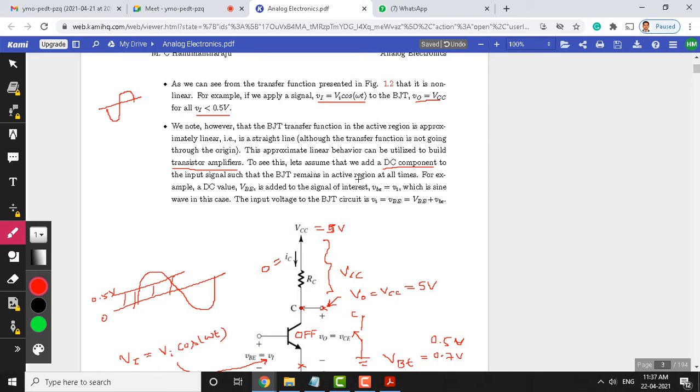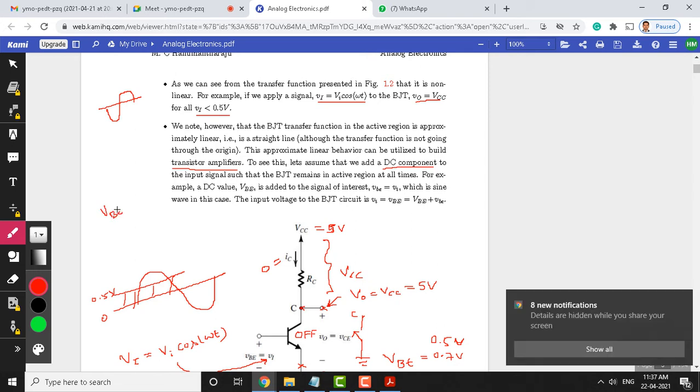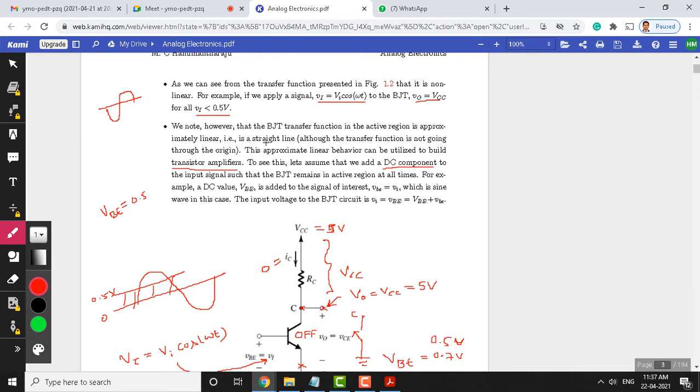So VB is added to the input AC signal, equivalent to Vi, which is a sine wave in our case. This input signal gets added with the DC signal. VBE is a DC which is going to be around 0.5, let us say, and the AC signal is a cosine signal, a variable, which gets added to this DC signal.